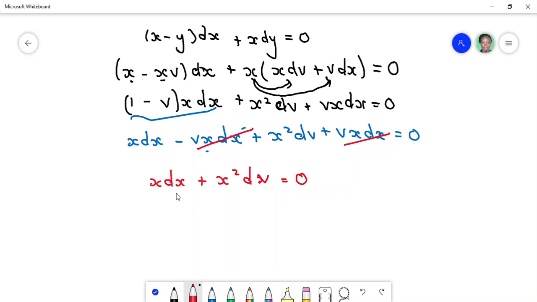So we want to separate the variables, so we want to have the x and the v separately.